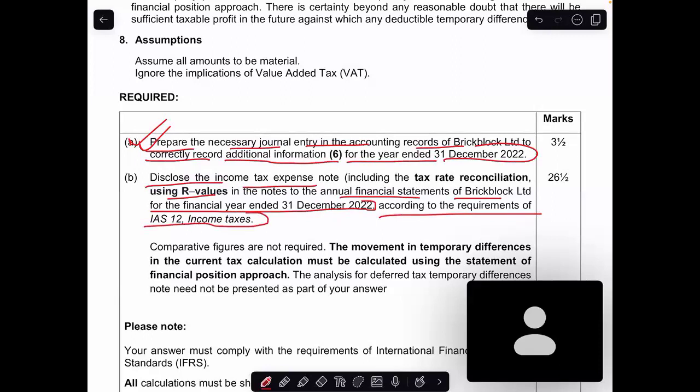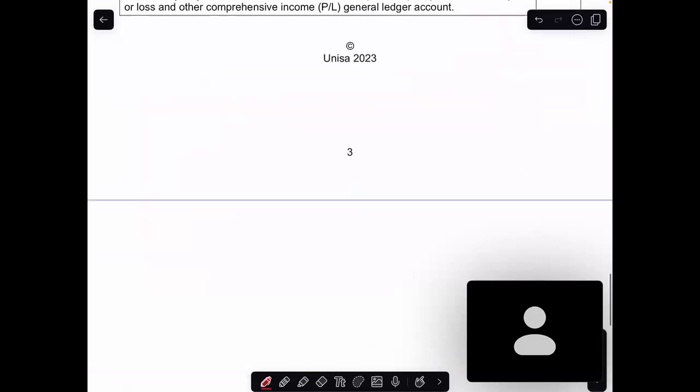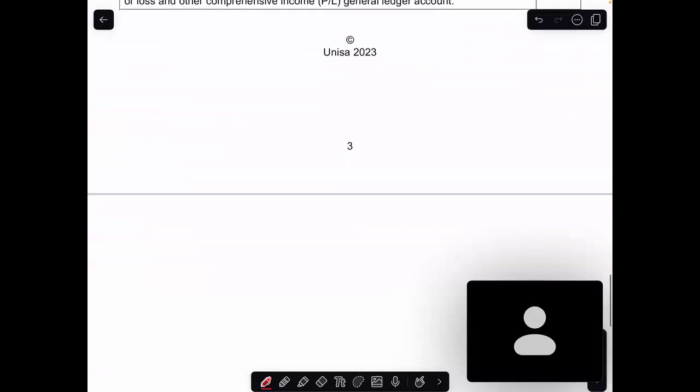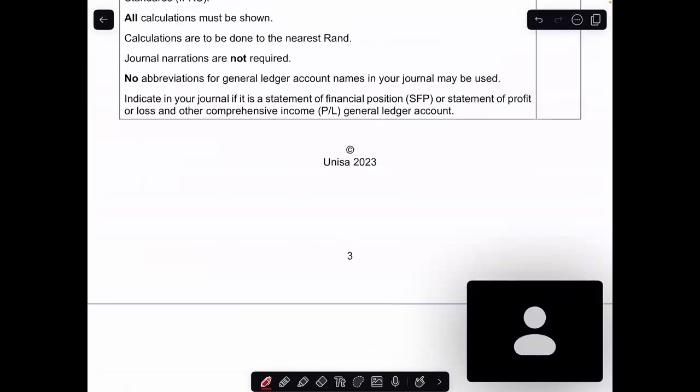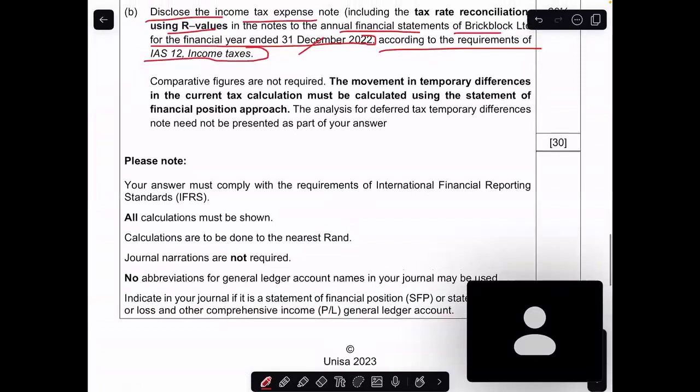Right here, we are required to disclose the income tax note. Your income tax expense is made up of current tax and deferred tax. There is no way you disclose this without calculating your current tax. So I want us to calculate current tax here and deferred tax. Let's start with the calculation of current tax.